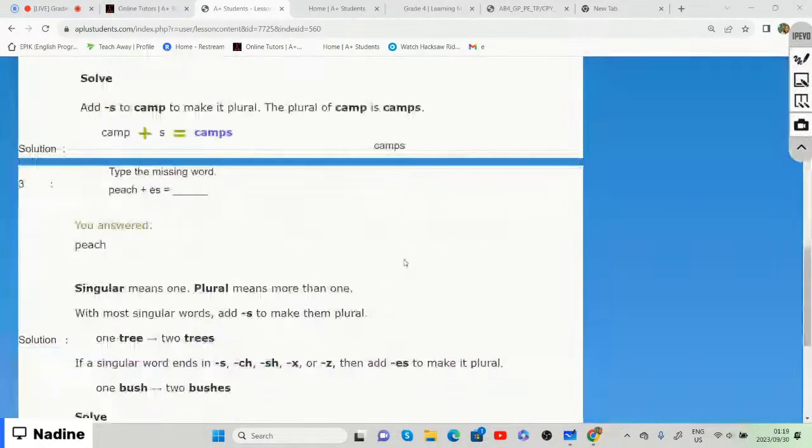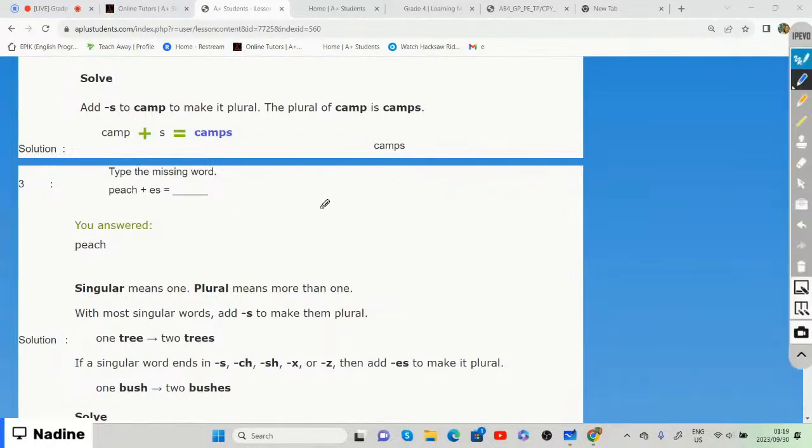And then peach, peach plus es. So peach is the singular form. One peach, but two peaches.